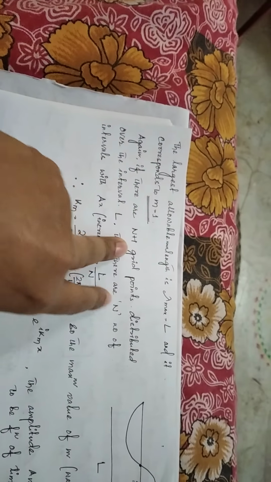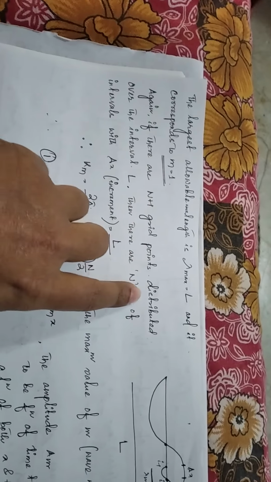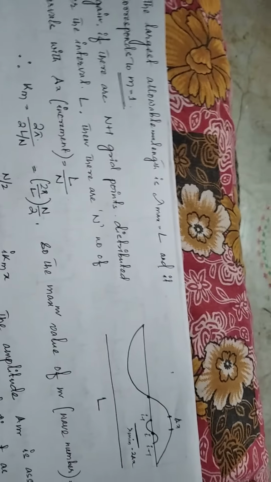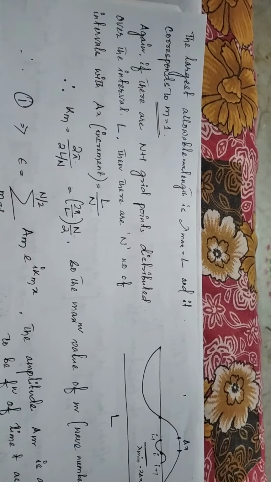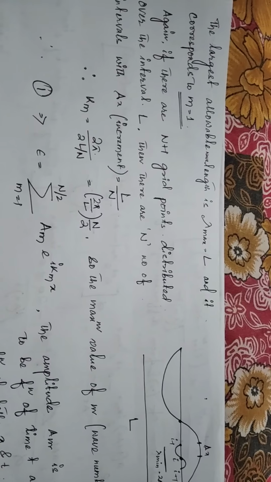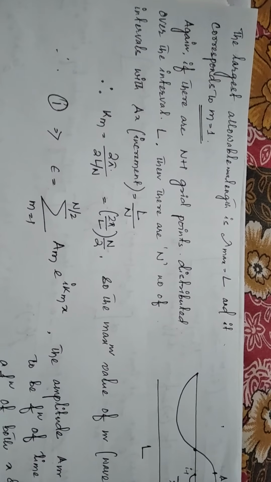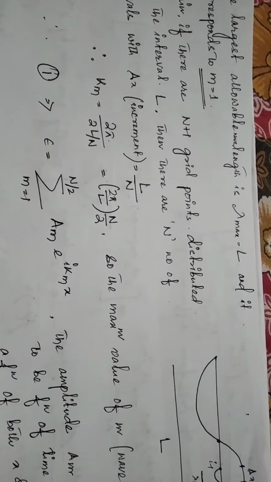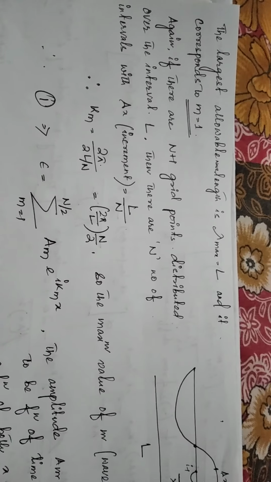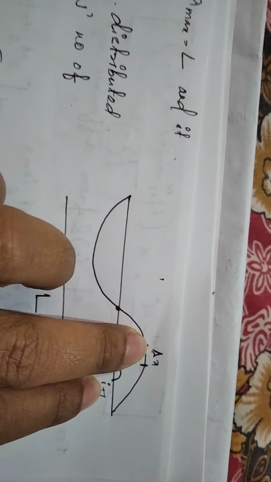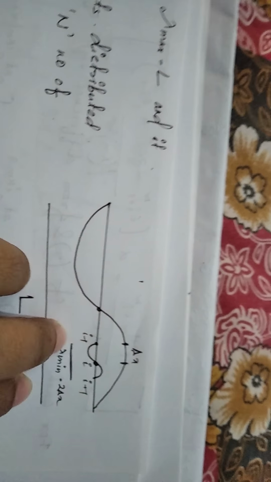If there are n plus 1 grid points distributed over that particular interval capital L, then in that length capital L you get capital N small intervals. So if you consider one particular increment delta x, what is delta x?